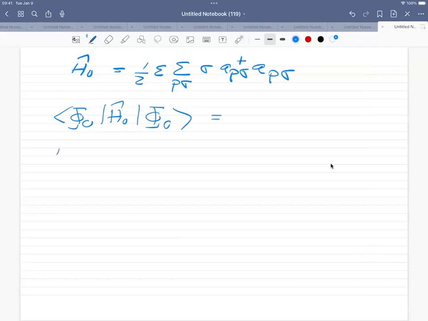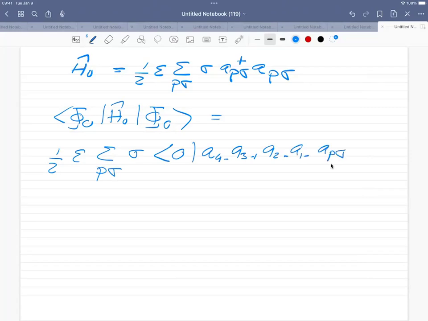So we are going to have a sum over p and sigma, and then we have sigma and the vacuum bra, and then we're going to have A4 minus, A3 minus, A2 minus, A1 minus, and then we have A p sigma, and multiplied with A1 minus, and A2 minus, and A3 minus, and A4 minus.